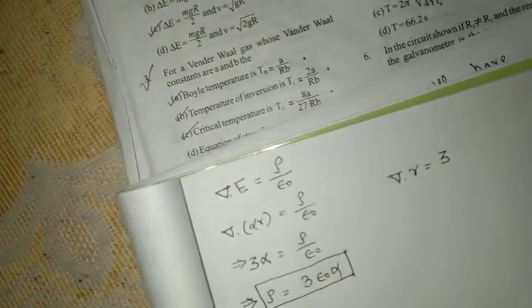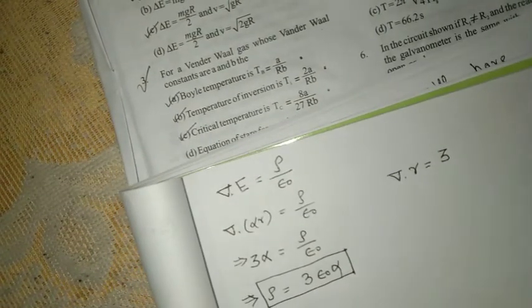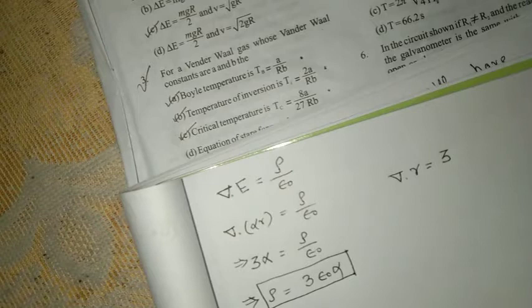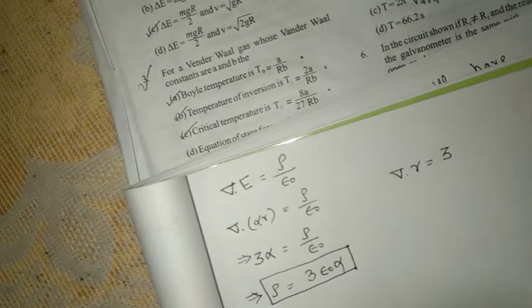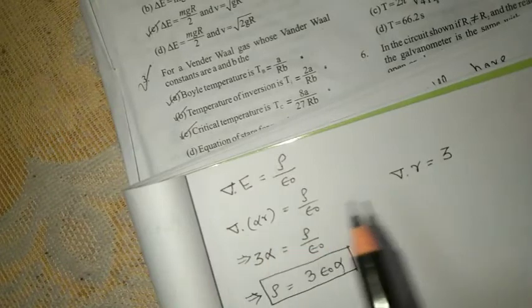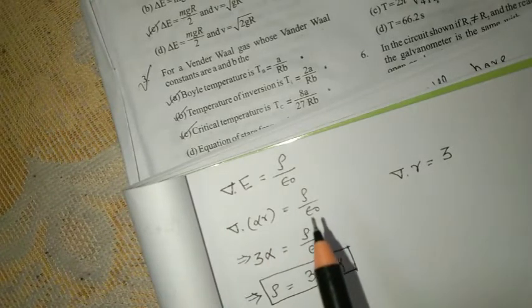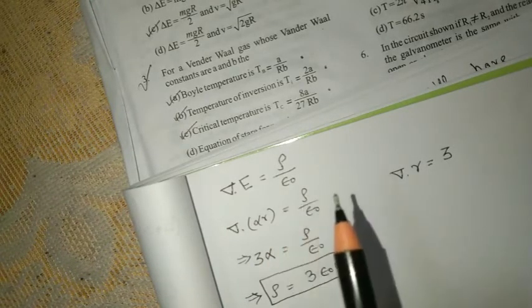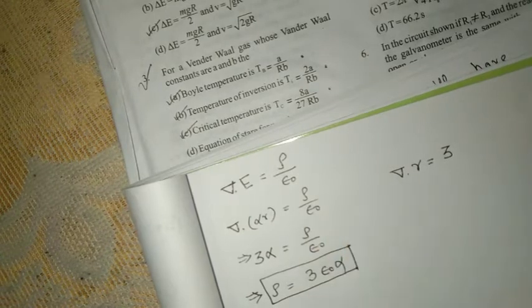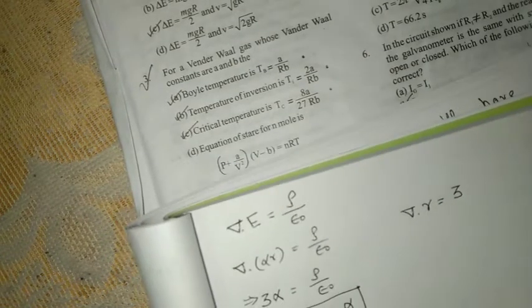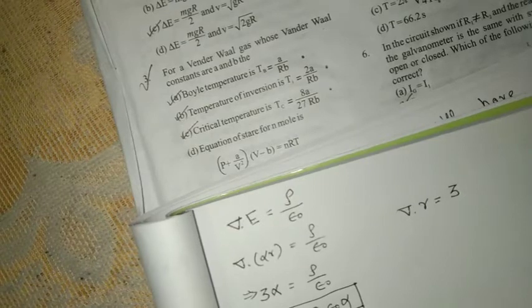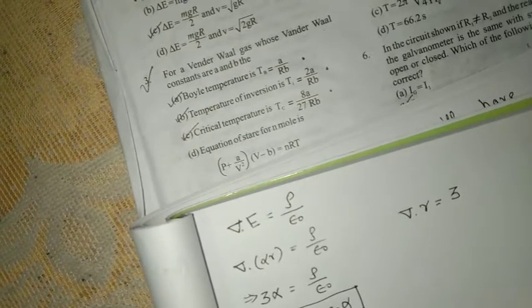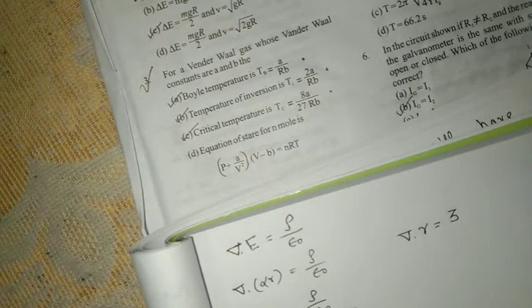Question number 3. It says, for a van der Waals gas, the spelling is wrong over here, it's VAN. For a van der Waals gas whose van der Waals constants are A and B, they want Boyle's temperature, inversion temperature, and critical temperature from you, and the equation of state.